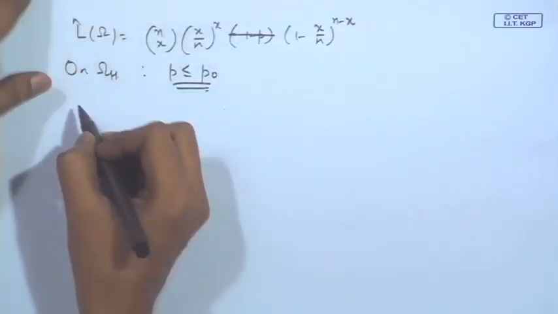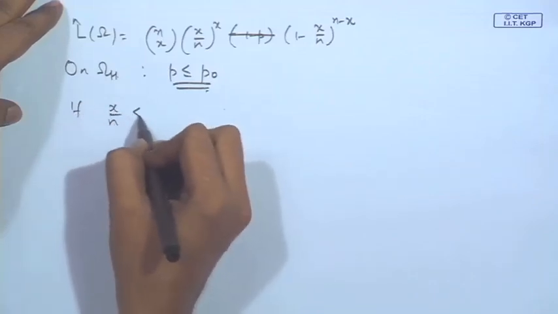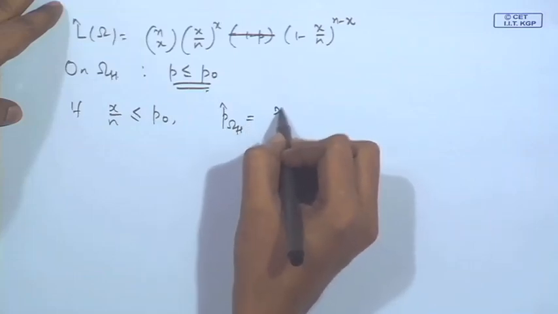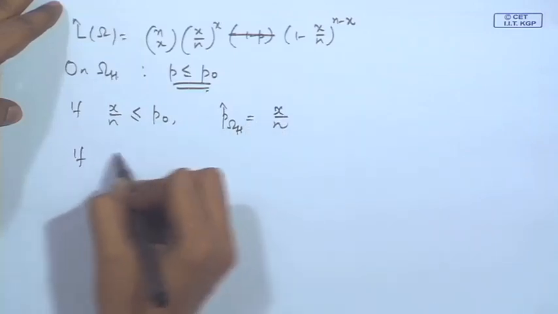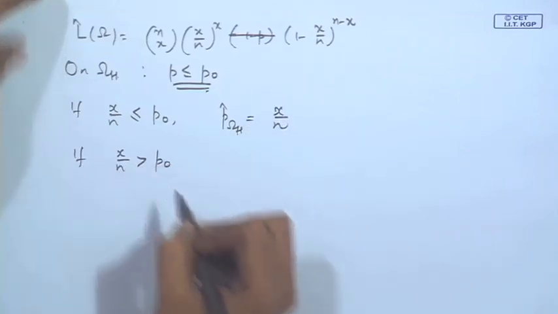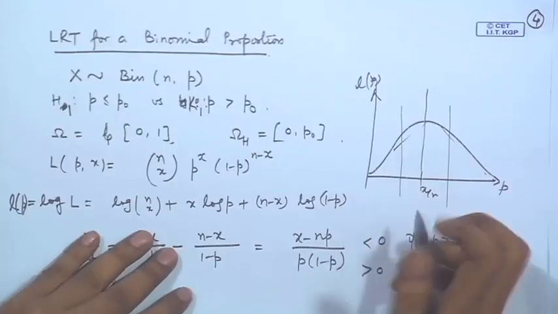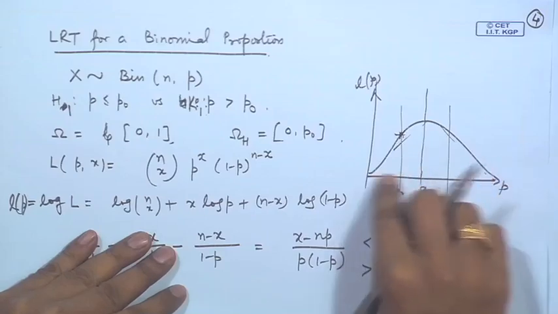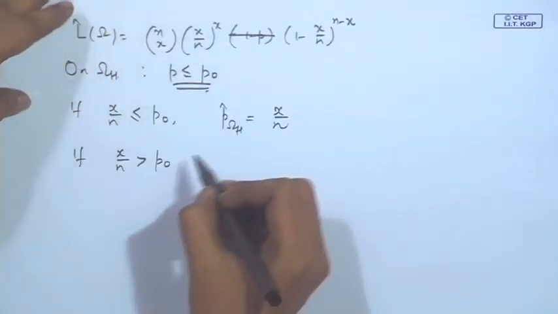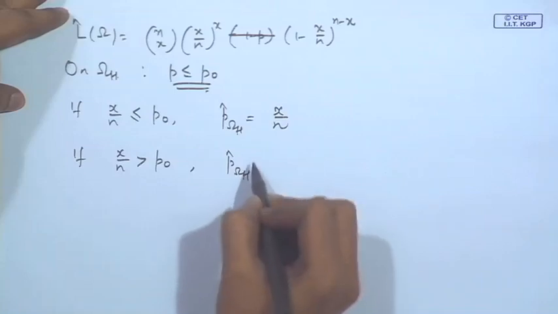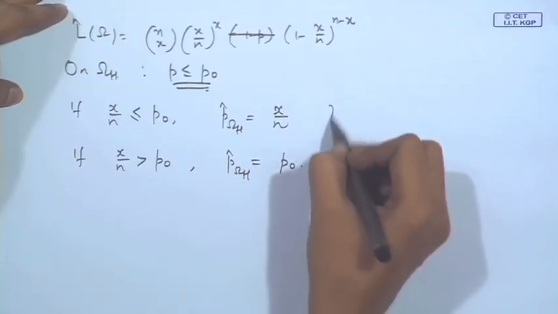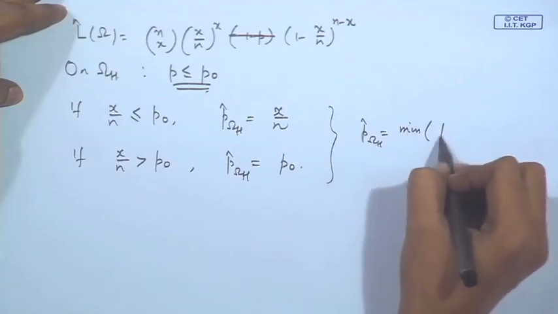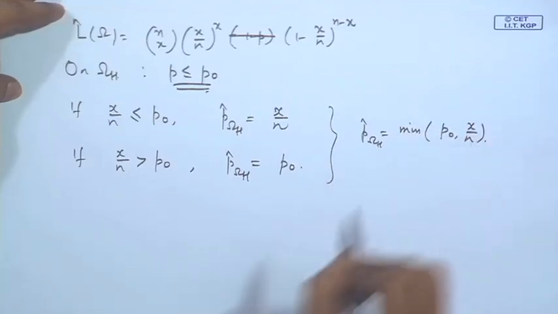So, if x by n is less than or equal to p naught, then p hat omega H is equal to x by n. However, if x by n is greater than p naught, in that case, the maximum value is attained at p naught, because this is outside the region. So, then p hat omega H is actually equal to p naught. That means, we can say p hat omega H is equal to minimum of p naught and x by n.